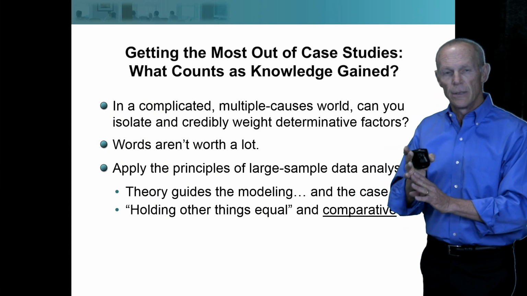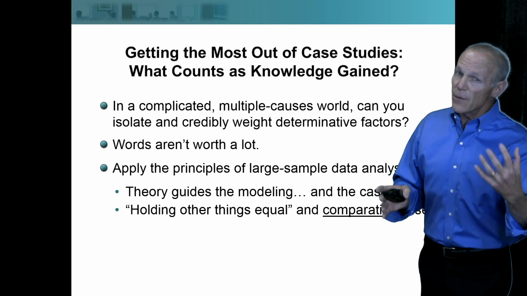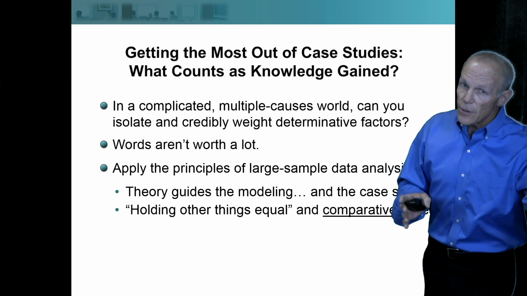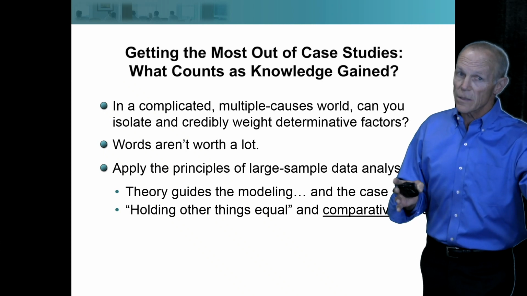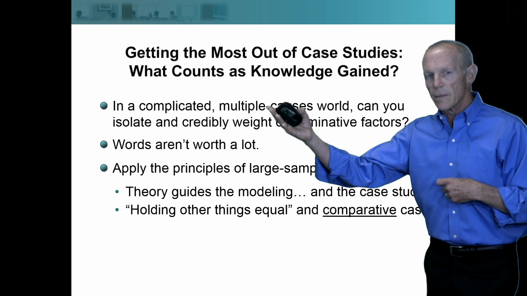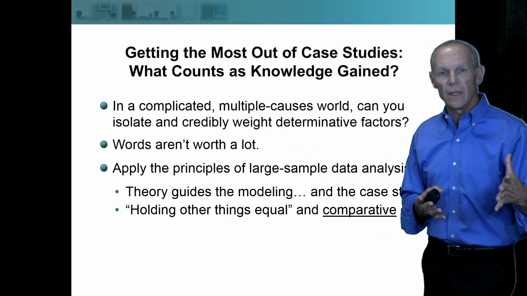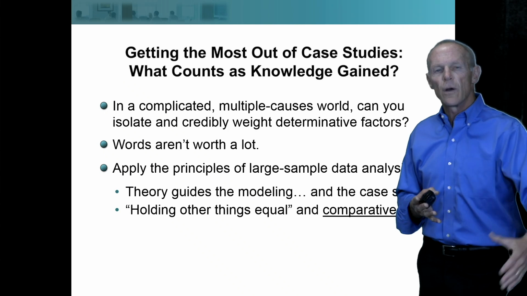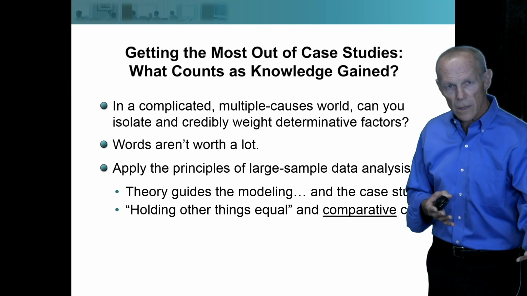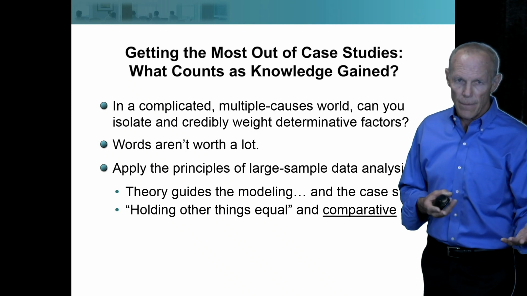That then allows you to make meaningful statements that says, I found factor A was present in this first case where we had success, and factor A was not present in the second case. That leads to the tentative conclusion that factor A is causing or contributing to the success of the program or the policy or whatever it is that you're looking at.